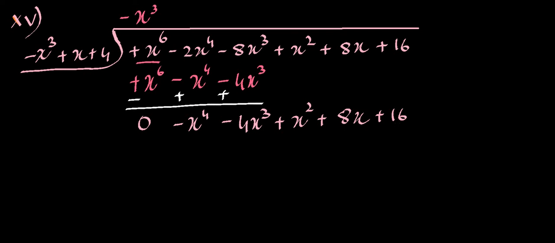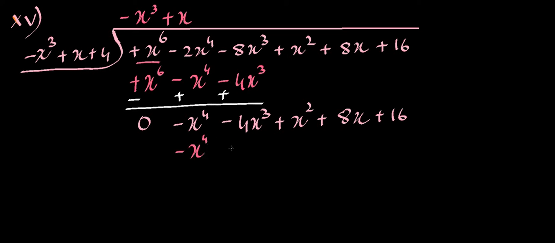Now, moving ahead, our next target is minus x raised to 4. Both the terms are minus, so I can have a positive quotient over here. That can be only x, right? We can have only x over here. X multiplied by minus x cube will give me minus x raised to 4.